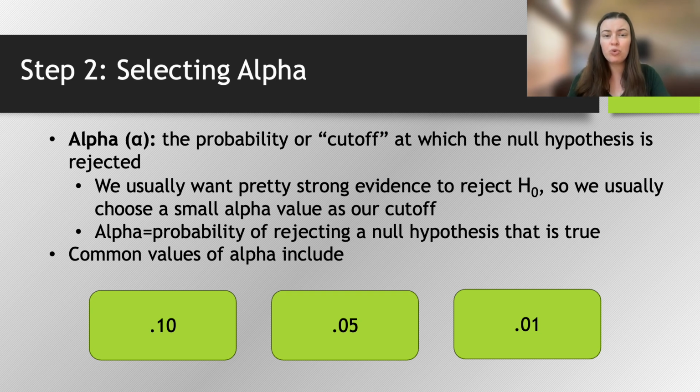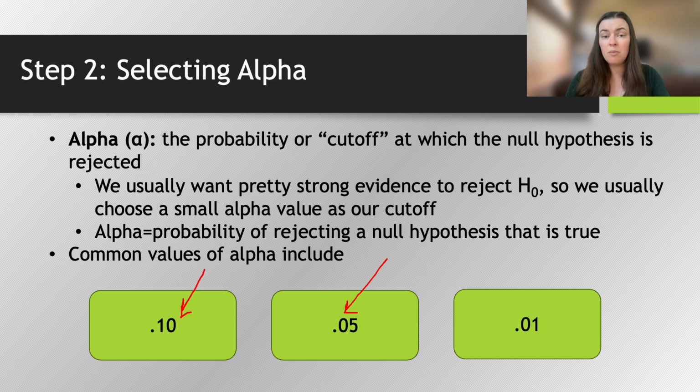We usually want pretty strong evidence to reject our null hypothesis, so we usually choose a pretty small alpha value as our cutoff point. Do we want to be 90% confident? We would choose an alpha cutoff of 0.1. If we want to be 95% confident, we would choose an alpha cutoff of 0.05.